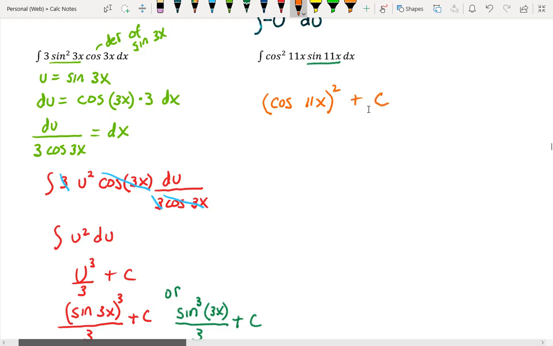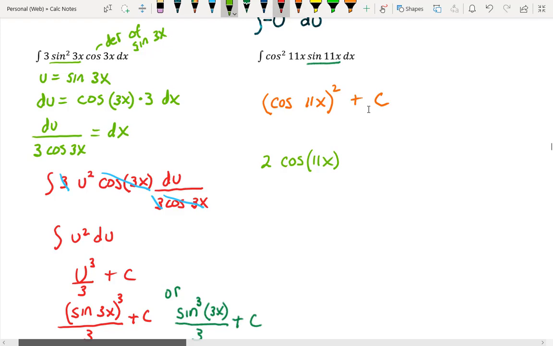Now, if I take the derivative of this, I'm just talking out loud here, the 2 would come down in the front. So I'd have 2 times cosine of 11x. Sorry about that. And so we'd have that left.